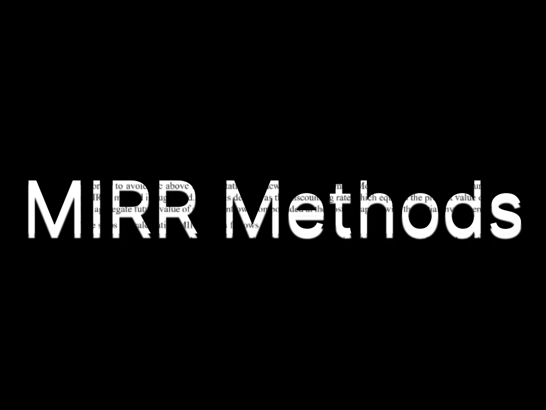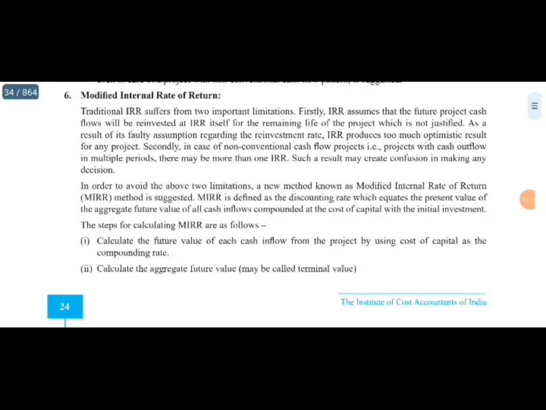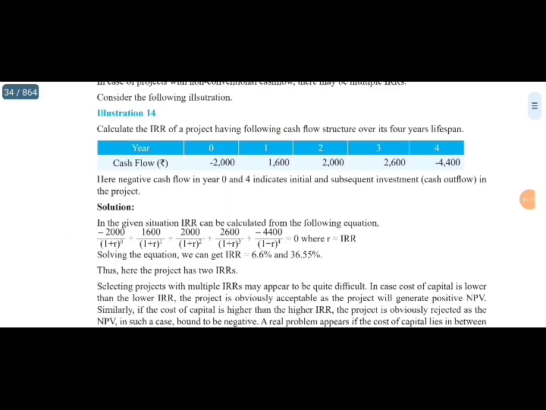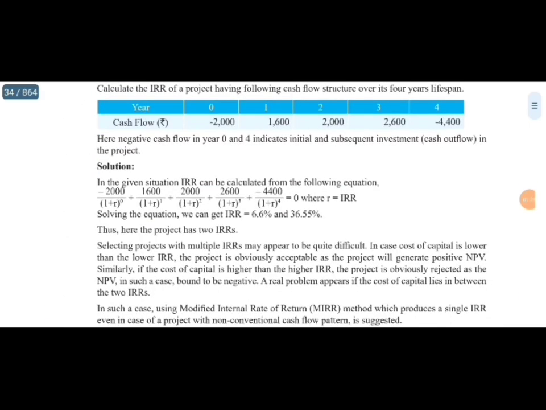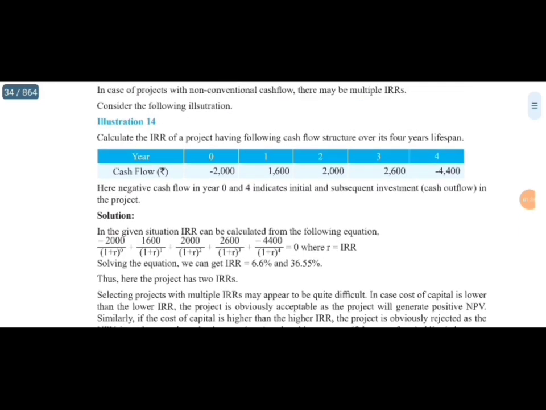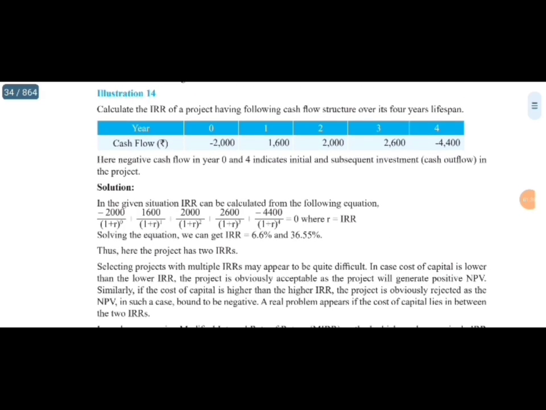Before seeing the modified internal rate of return, let's see what are the difficulties in IRR method. The limitations or difficulties faced in IRR is explained in illustration number 14. Here they are given: calculate the IRR of a project having the following cash flow structure over its 4-year lifespan.